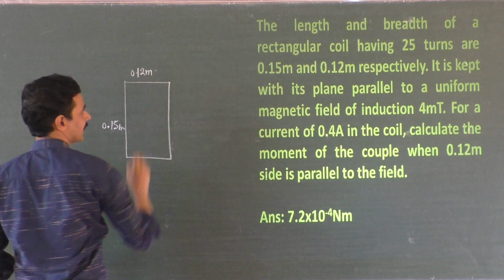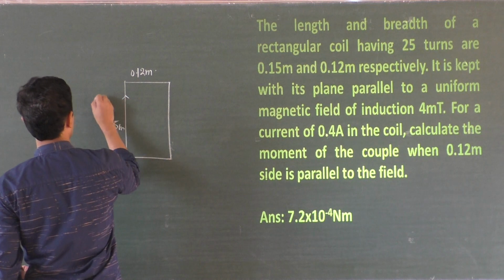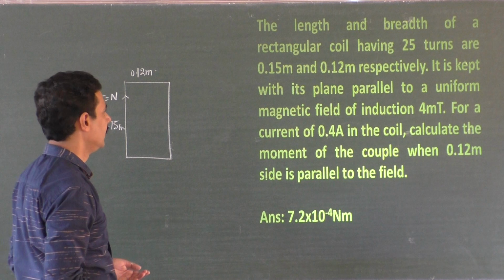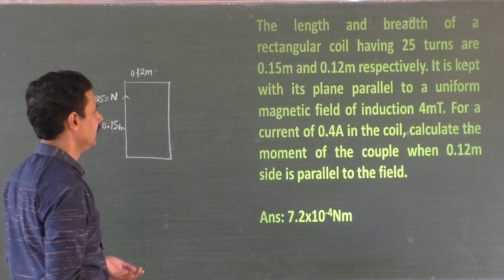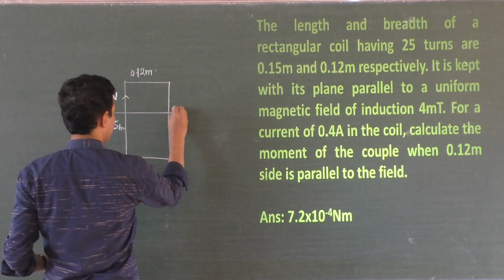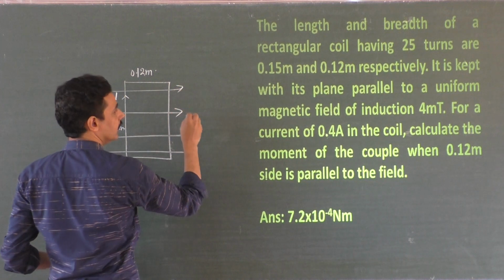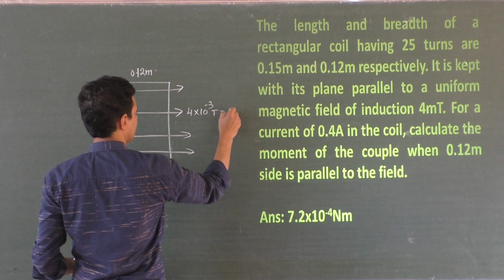The coil has 25 turns in total. The plane is parallel to the uniform magnetic field like this, of value 4 millitesla, which is the strength of the magnetic field.